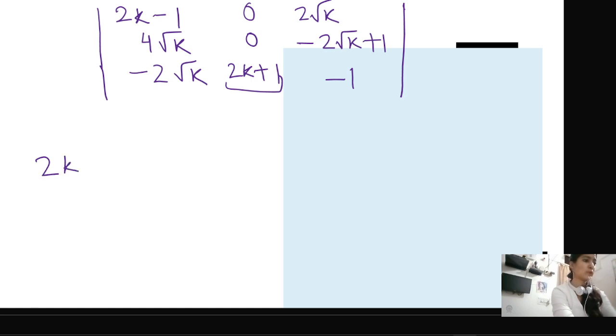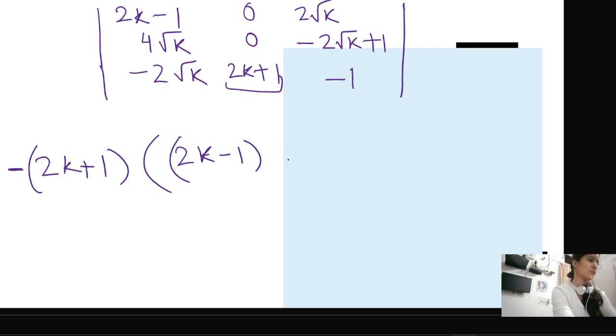So we are getting 2k plus 1, and this will become minus here, and then hide this column and this row. We are getting 2k minus 1 multiplied with the minus of 2 root k plus 1. Okay, multiply this one and then minus.